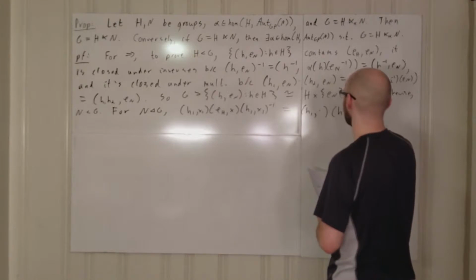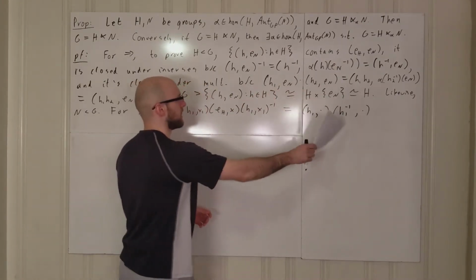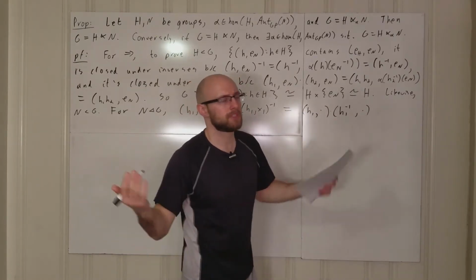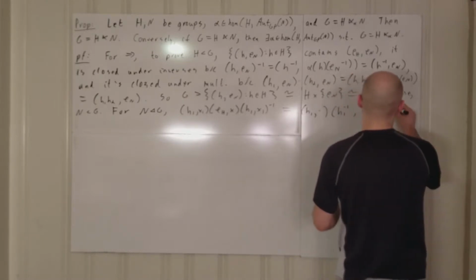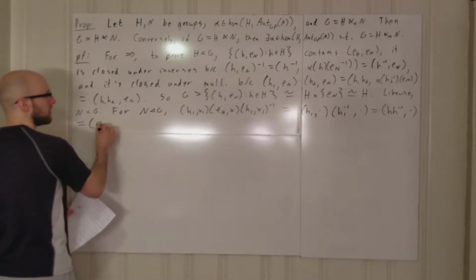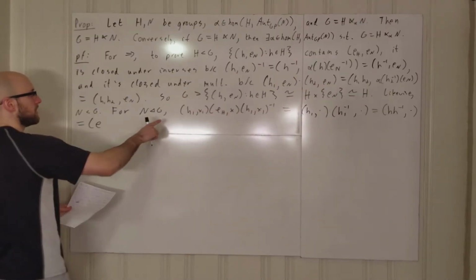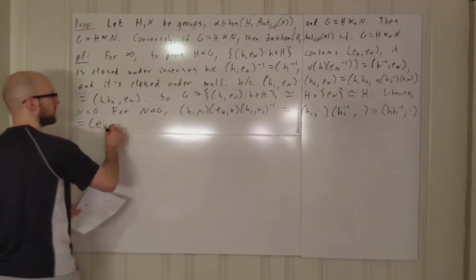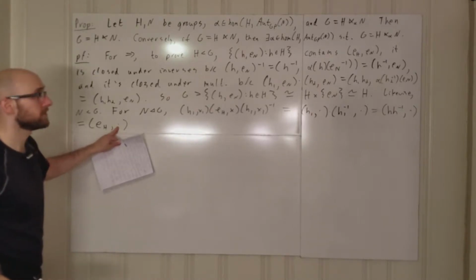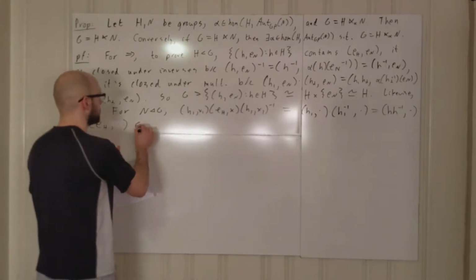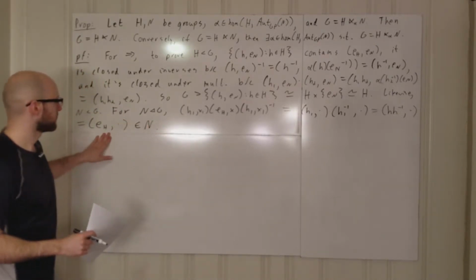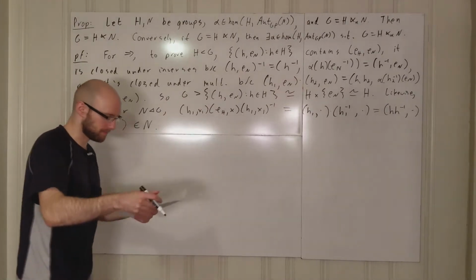We're going to have h1 inverse here, h1 inverse here, and then just some other stuff in this other place. The dot means it's just something, and we're not going to care what that is, because this is h times h inverse, this is e, h, and then something. Since this is of the form e, h and then something, this is obviously going to be something in N, because this is what the elements of N look like.